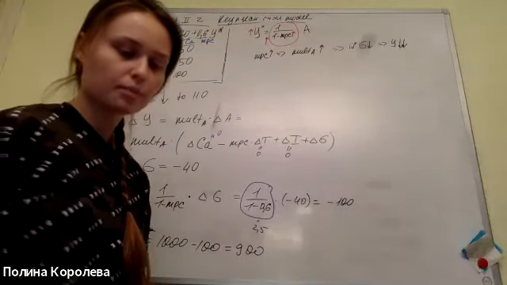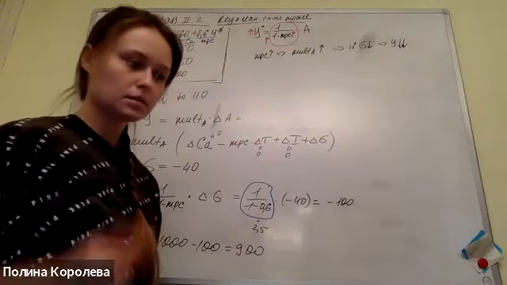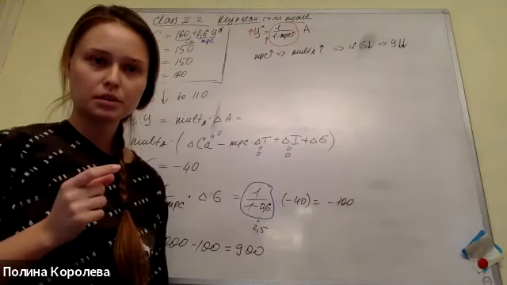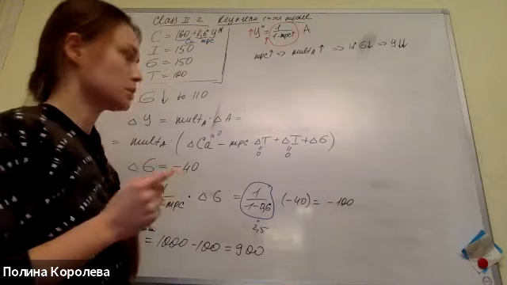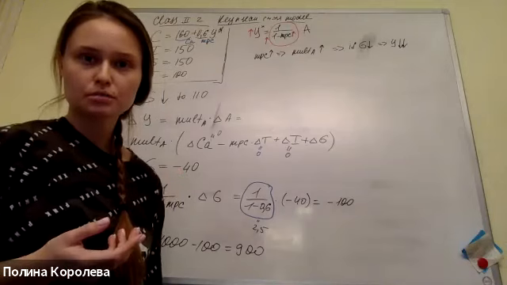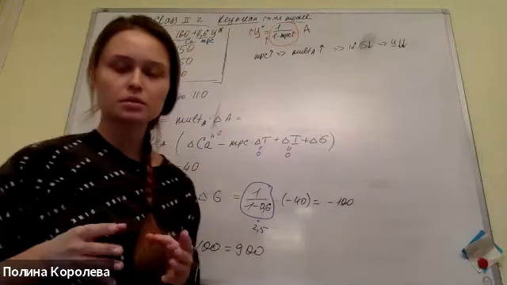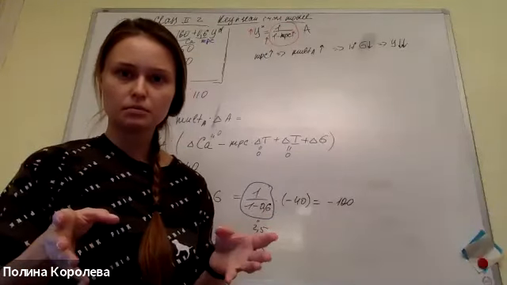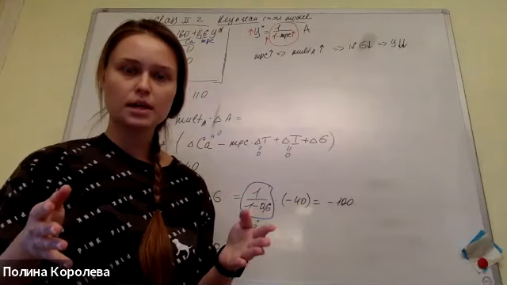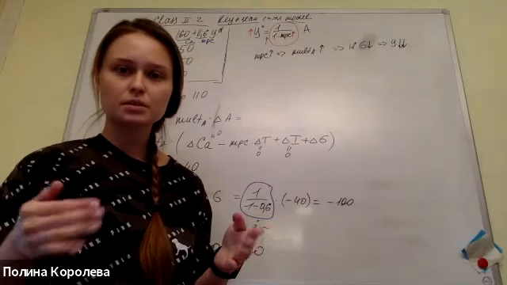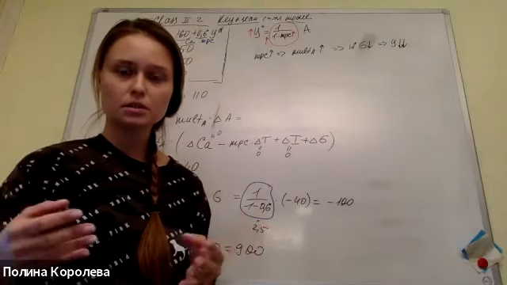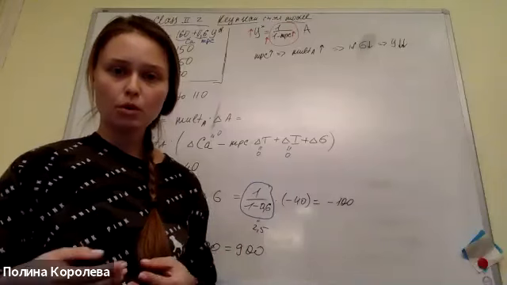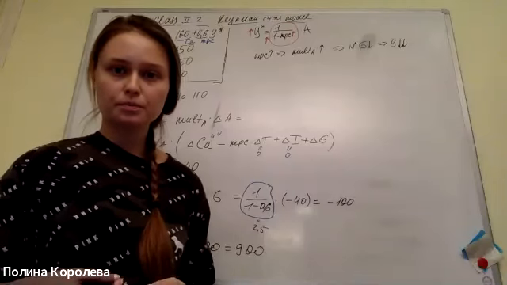What does marginal propensity to consume mean? This is the part of your disposable income that you spend on consumption. So how can you spend your disposable income? You can consume or save. Two options, yes? And if marginal propensity to consume increases, that means that now you consume more than before.